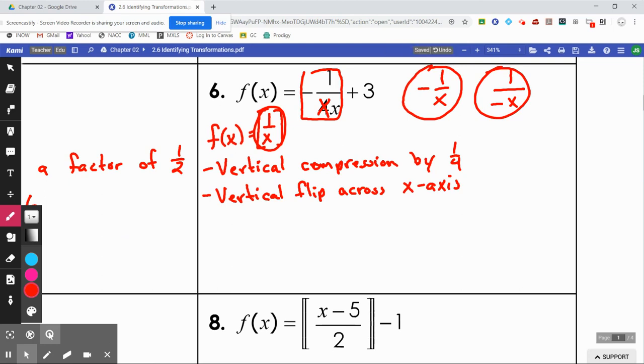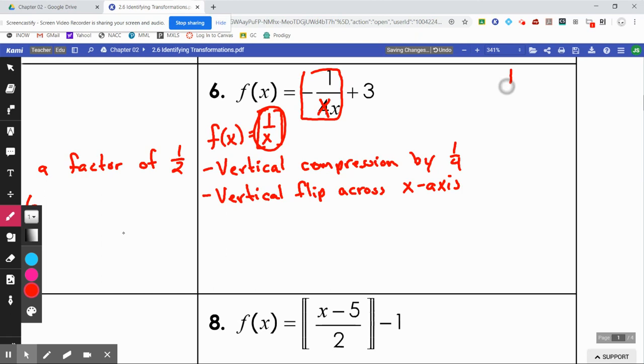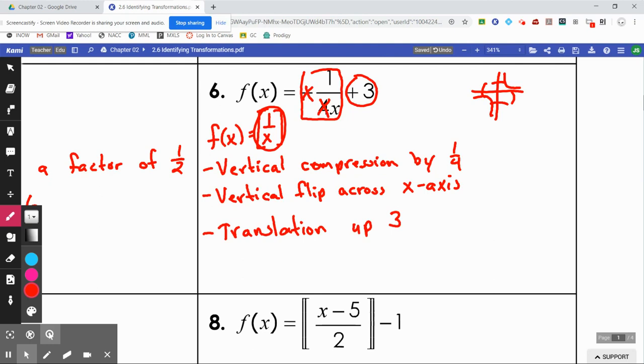The reason for that is because no matter if you flip it horizontally or vertically, if you look at what the function actually looks like, it's something of this nature. And whether you flip it here and here, or here and here, it actually looks identical regardless of what you do. Then the last transformation is going to be this +3 out here, which simply moves it up 3 units. And that should be all of them.